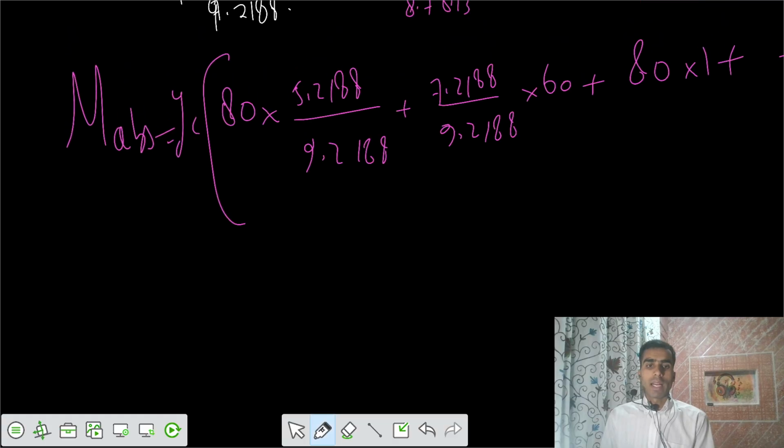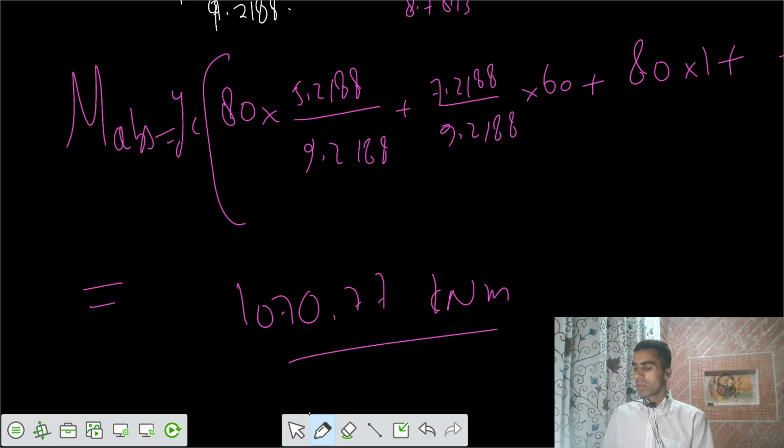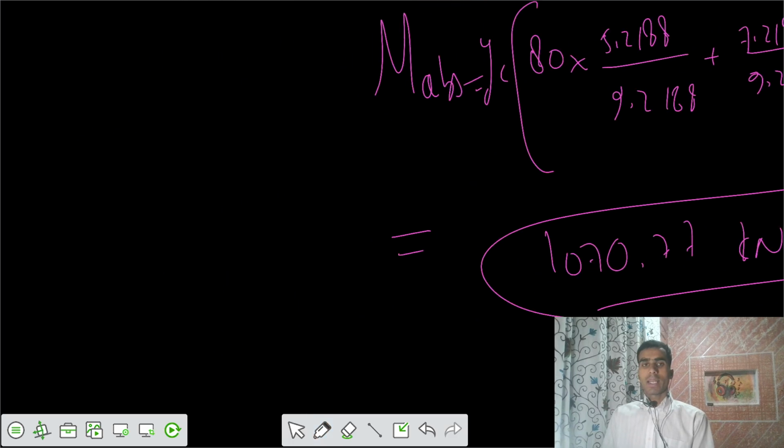Then accordingly you can get the absolute bending moment equal to 1070.77 kilonewton meter.